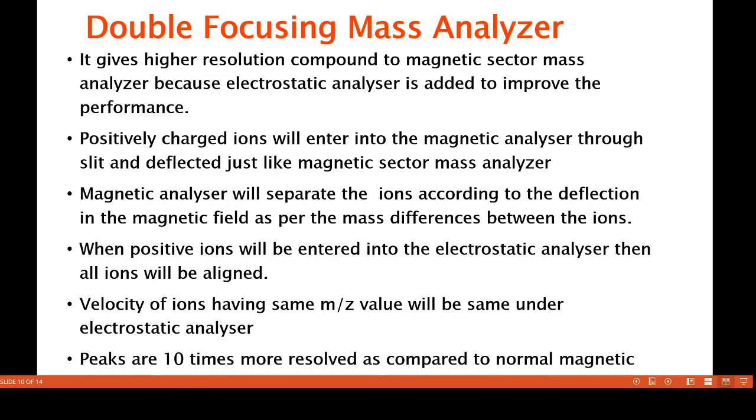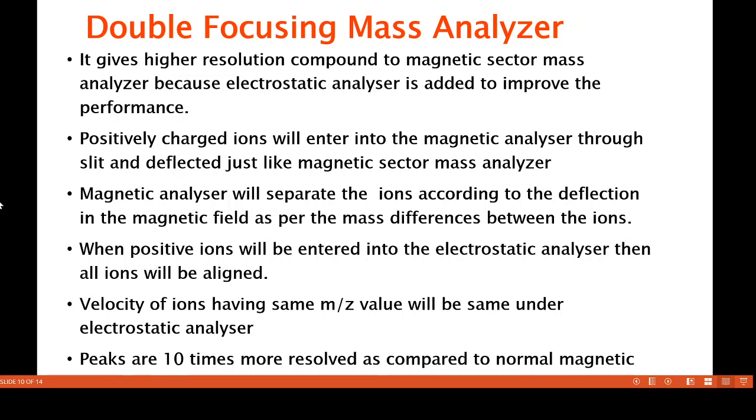Okay, so it gives higher resolution compared to a magnetic sector mass analyzer because an electrostatic analyzer is added to improve the performance. Why does it give higher resolution? Because here we apply one extra field, that is the electrostatic field. Due to that field we get higher resolution.